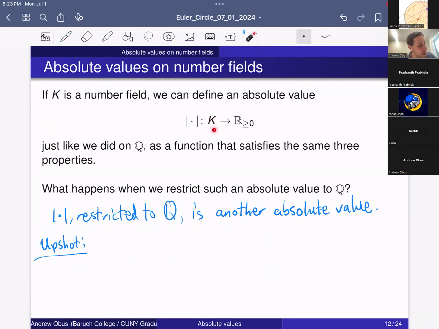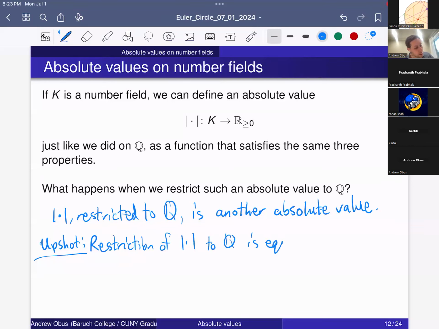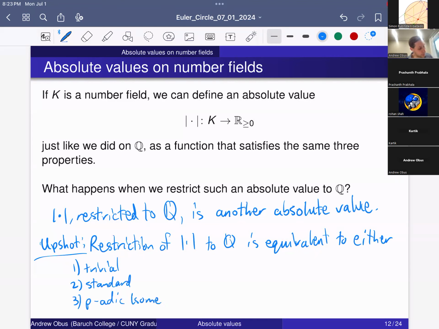If I have an absolute value defined on some number field K, I know that its restriction to Q is equivalent to, from Ostrowski's theorem, one of 3 choices: the trivial absolute value, the standard absolute value, or a p-adic absolute value for some prime p.